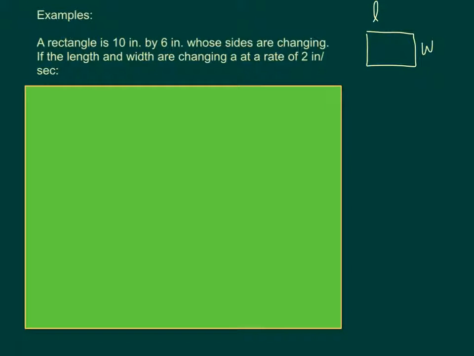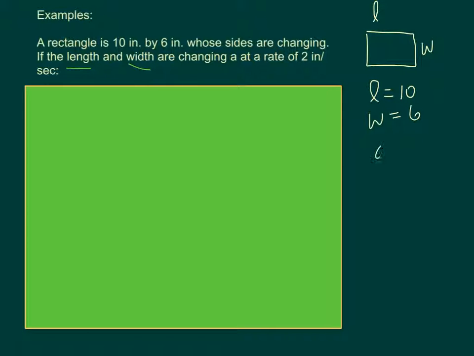And so far, we want to set up this rectangle with variables. Right now we know that the length is equal to 10, and the width is equal to 6. They tell us the rate. Both the length and the width are changing at a rate of 2 inches per second.